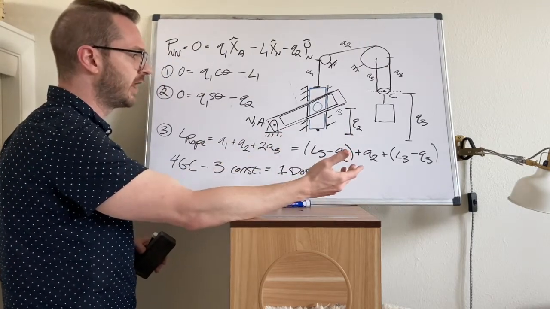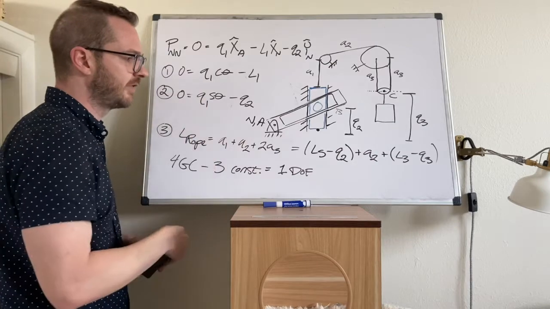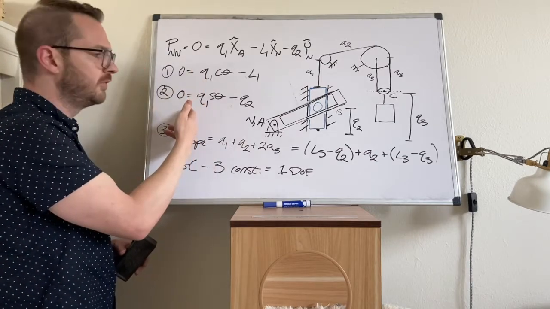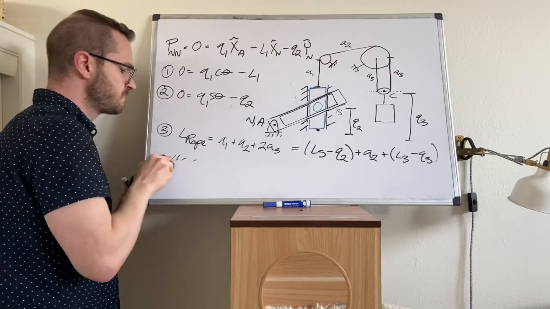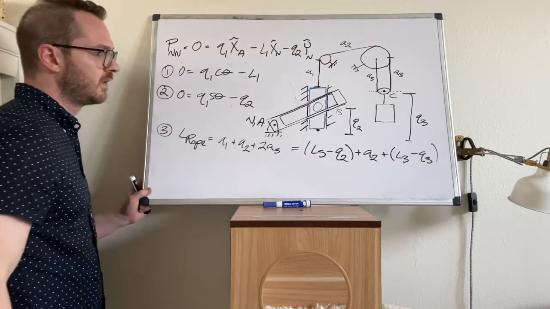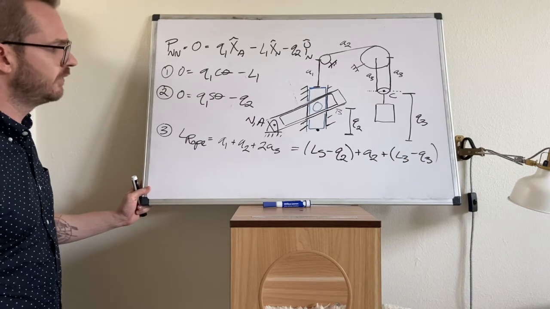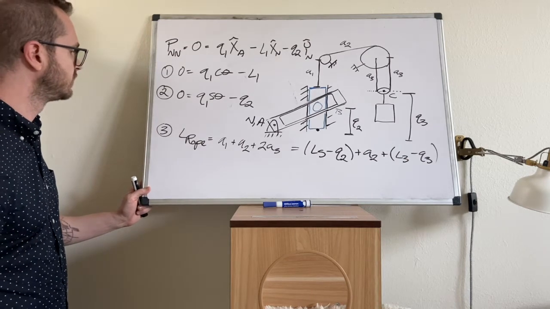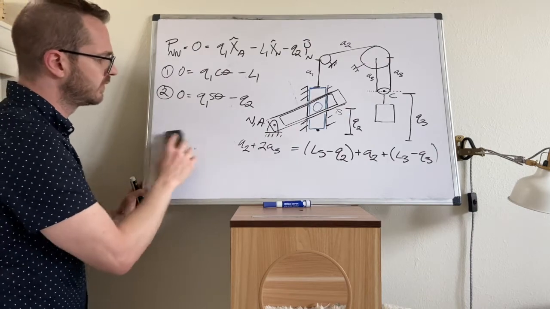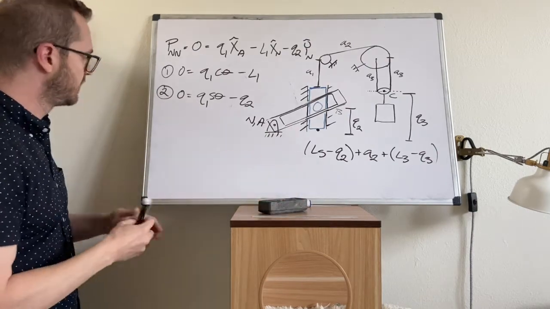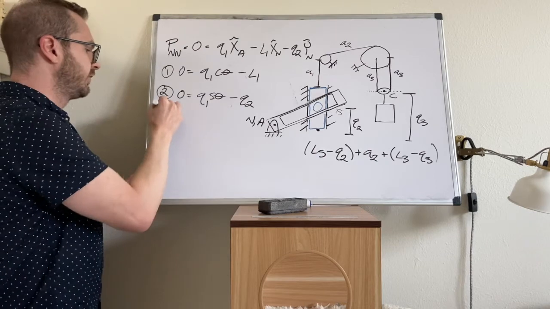Just in the interest of time, since we're not explicitly asking for that, let's just cut right to it and do the velocity constraints and then the acceleration constraints. Okay, so actually, yeah, I am going to move this equation over. So here is constraint number 3.